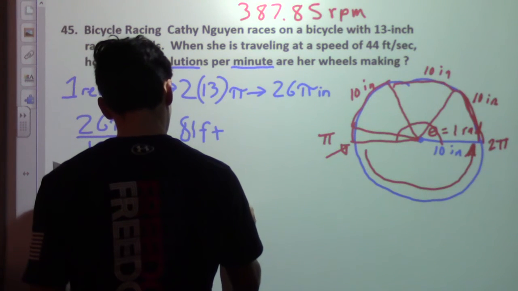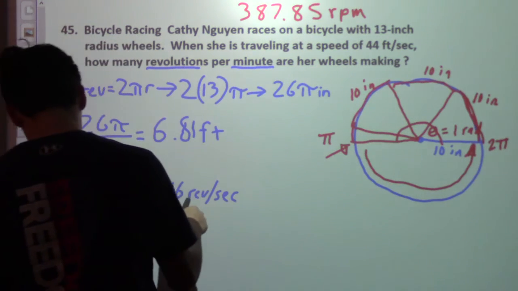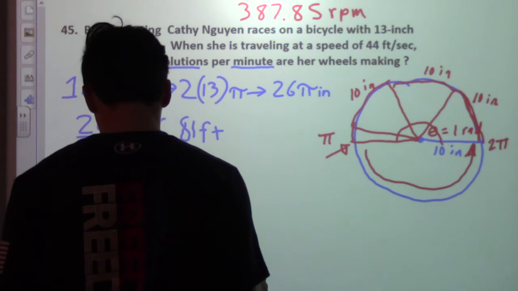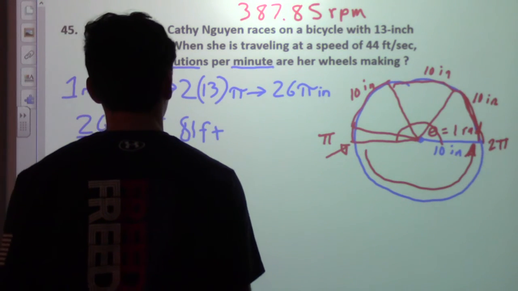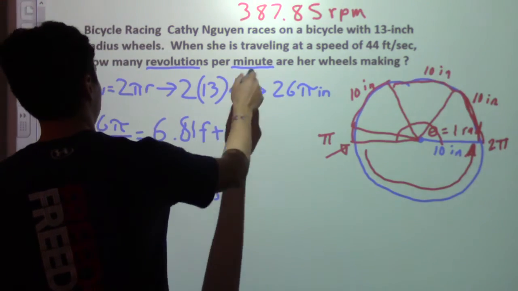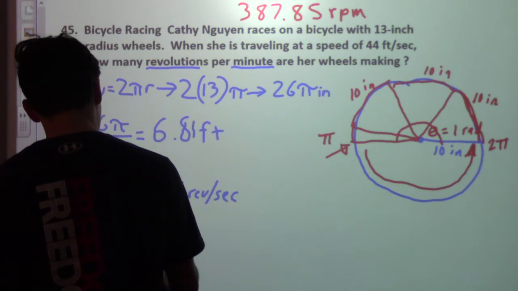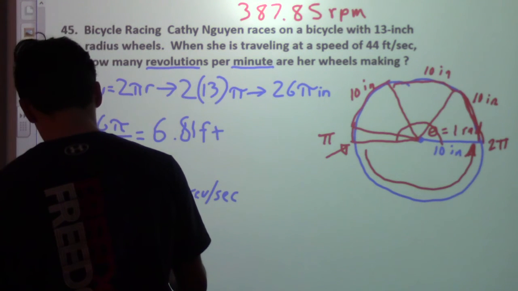And then, revolutions per second, so for minutes, you multiply this by 60.